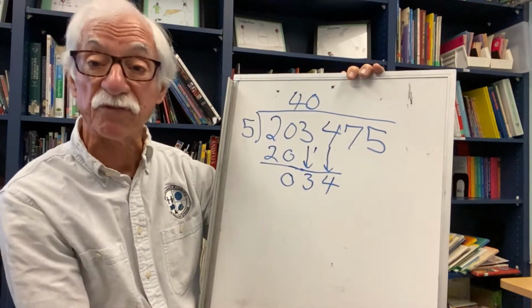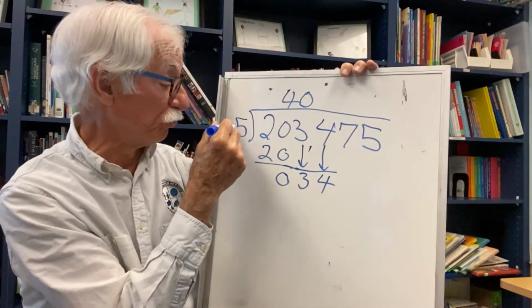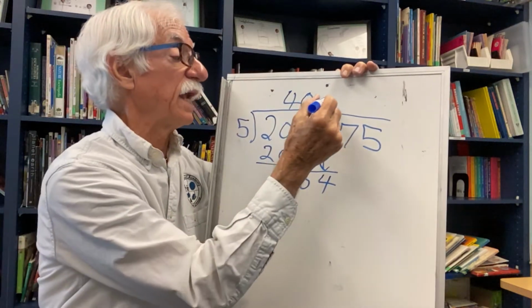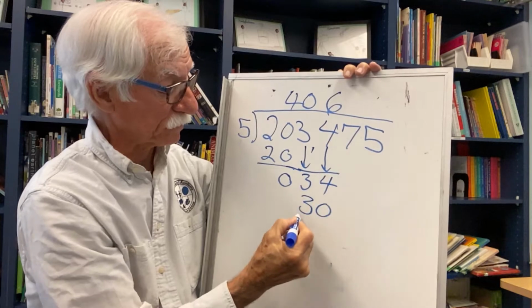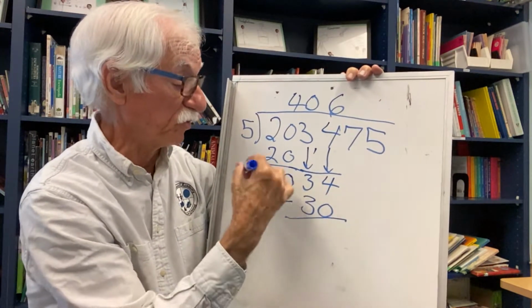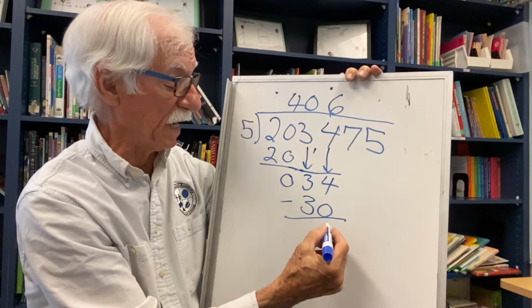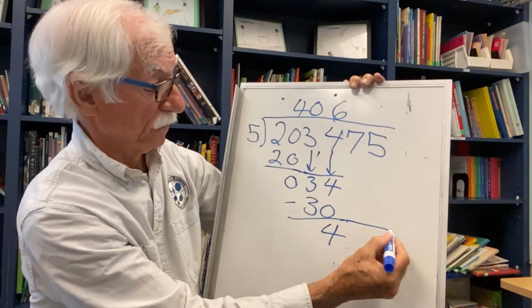That would be too much. I don't have 35. So I've gone too far in estimating how many groups of 5 there are in 34. The answer is there's 6. 6 times 5 is 30. And again, remove these bulbs because I've already put them in net bags. And I have 4 400s left.